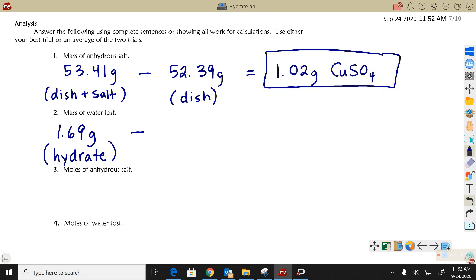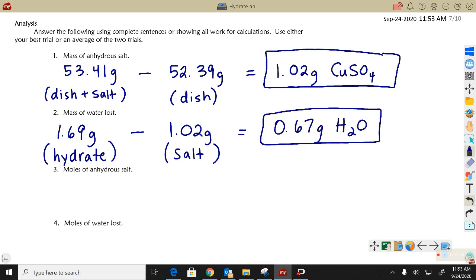So I know the salt now, that's the 1.02 grams of copper sulfate. Oh, so the difference is just the amount of water that evaporated. So I'd be looking at about 0.67 grams of water lost.